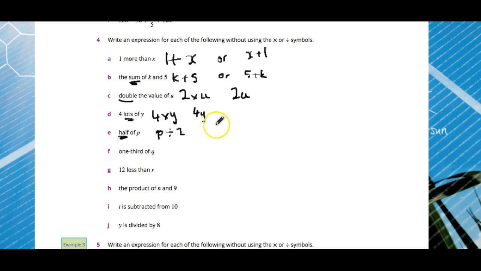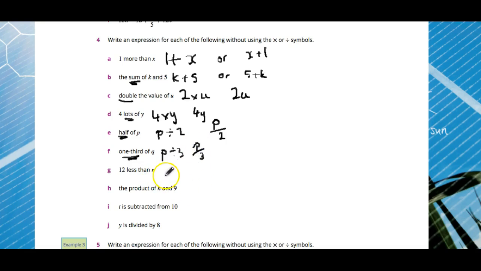Now in algebra and all maths, higher maths, we usually do division like that. So p over 2. And you can see that kind of looks more like a half than what this one does. 1/3 of p means we're dividing it by 3. So p divided by 3, which should be written as p over 3.